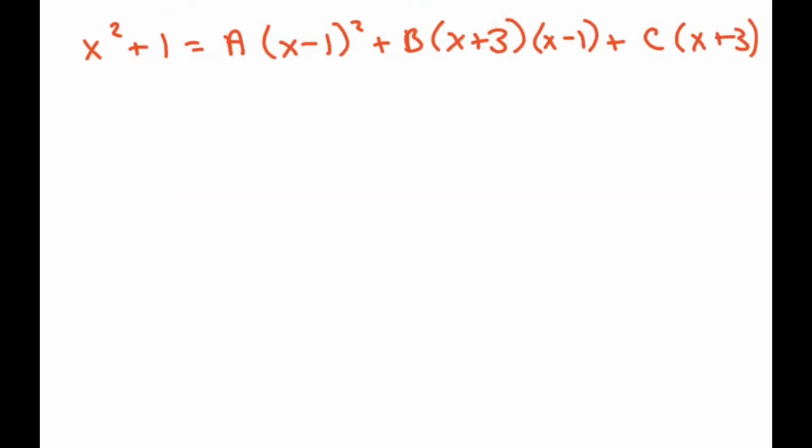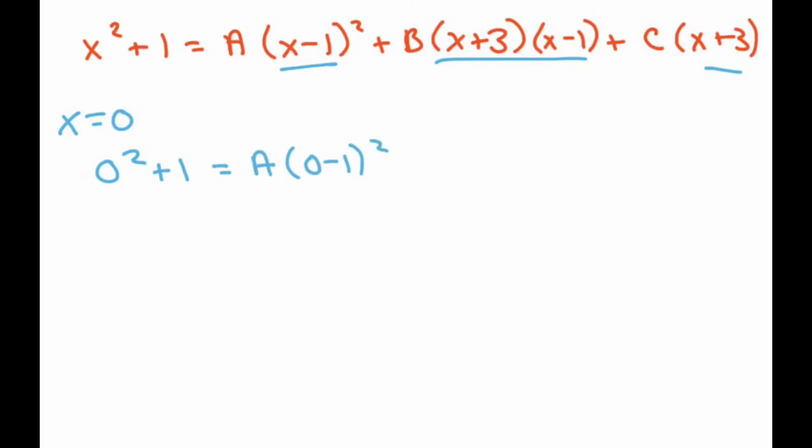Now one more time, I'm going to use something simple because you have both of these that are included in this. I'm just going to let x equal 0. You can use anything actually, just 0 is easier, and plug in 0 everywhere. So I'm just plugging in 0.